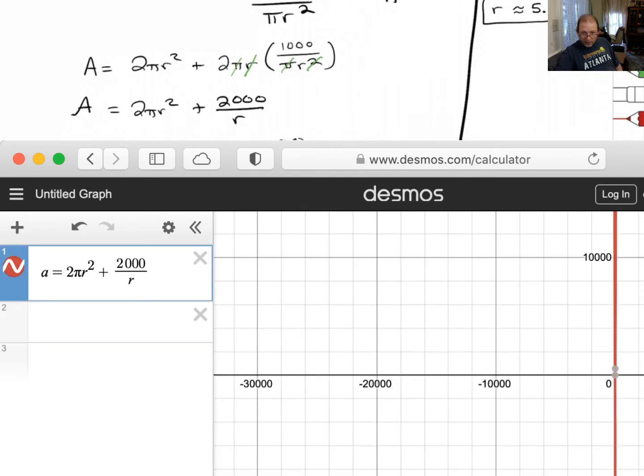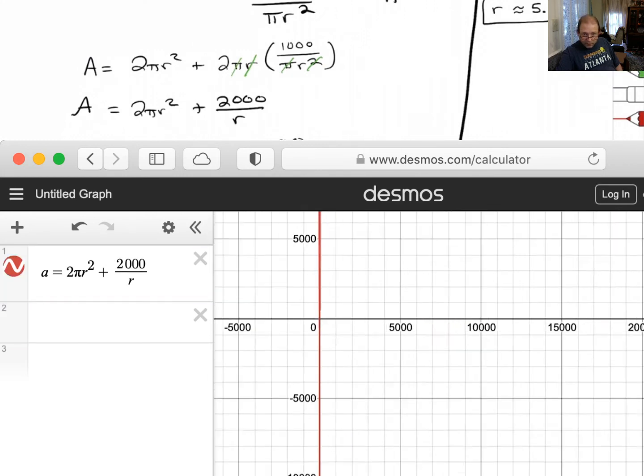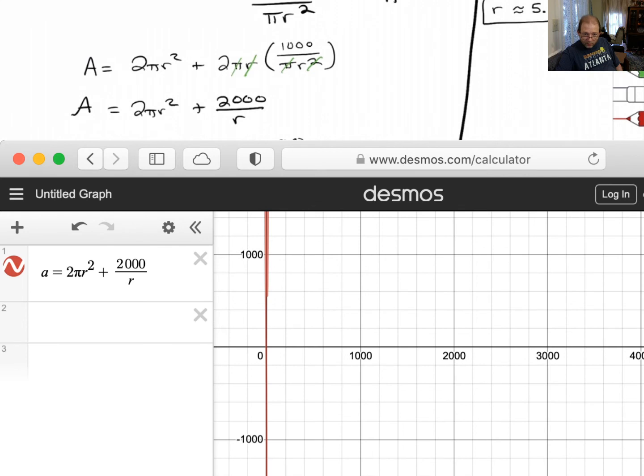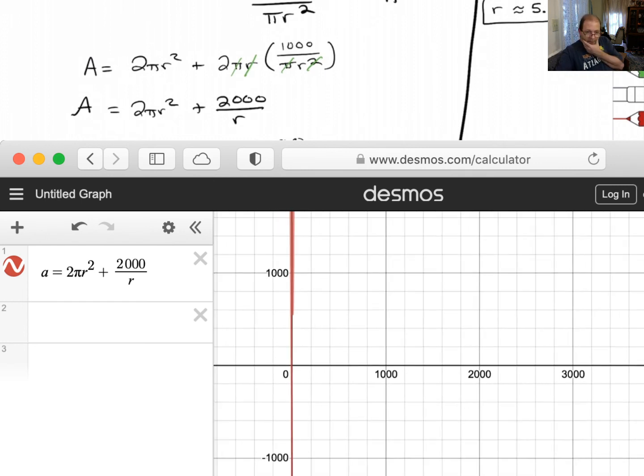Well, okay, this is not very helpful looking at it. Why is that? Well, it's because our surface area is big compared to the other. What I want to do is zoom in.